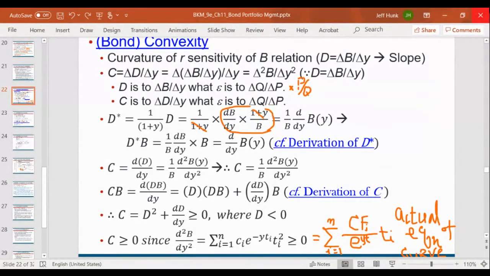So that was why the duration could be differentiated, and the result is the first derivative of the price, and then the derivative of the duration is the convexity, and convexity is therefore the second derivative of the bond price, right?